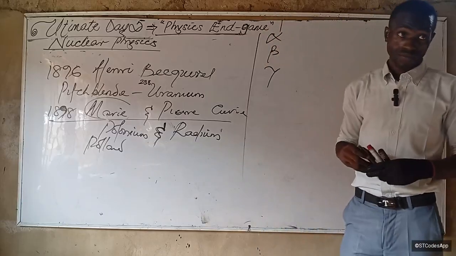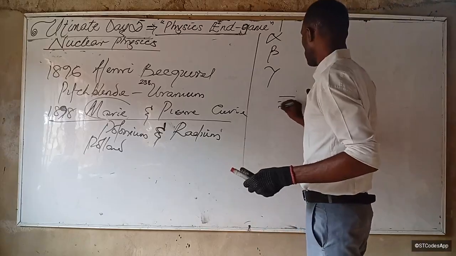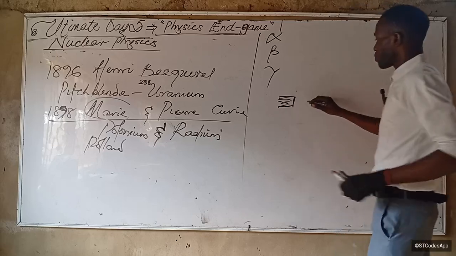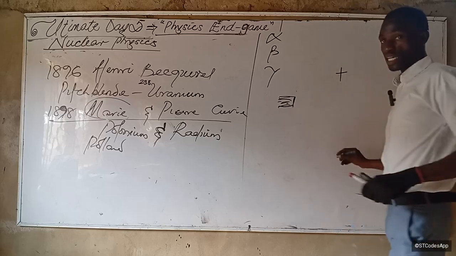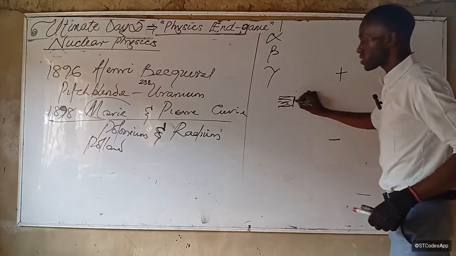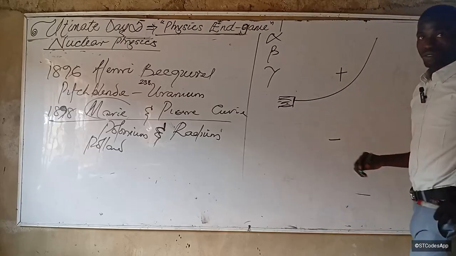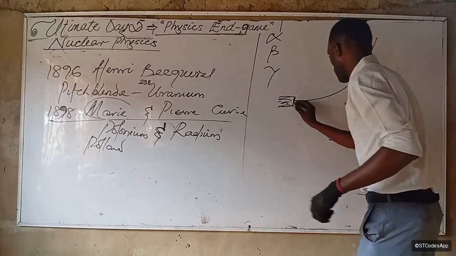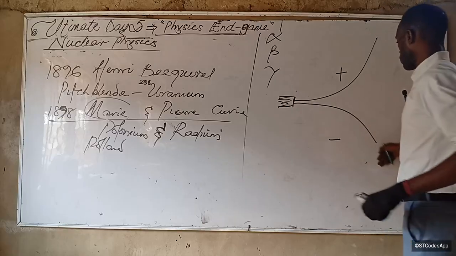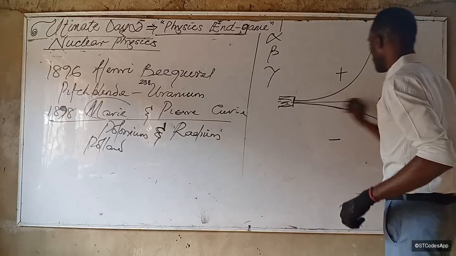If the radioactive material was here and we put an electric field or a magnetic field there, we saw that one is deflected a lot towards the positive, one is deflected weakly towards the negative, and one was not deflected at all.